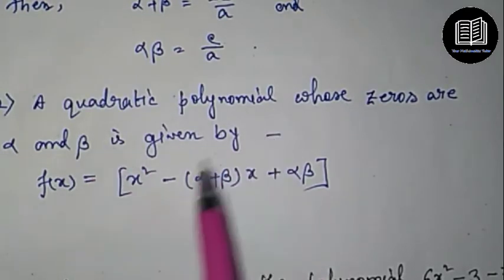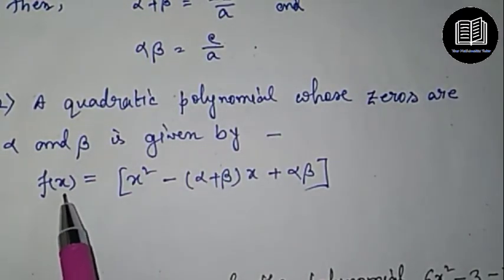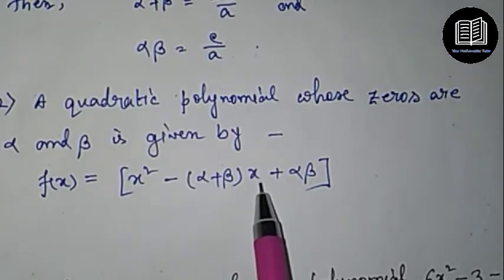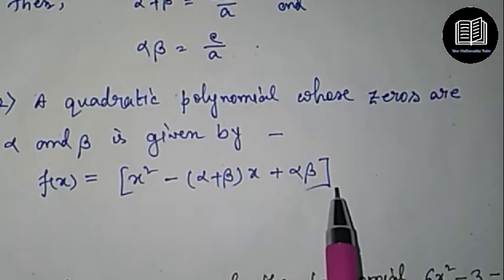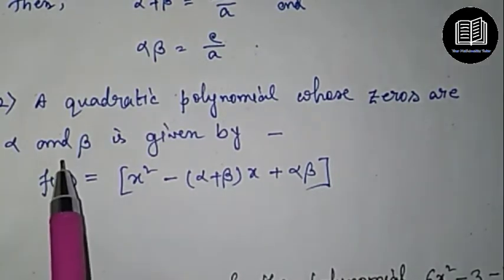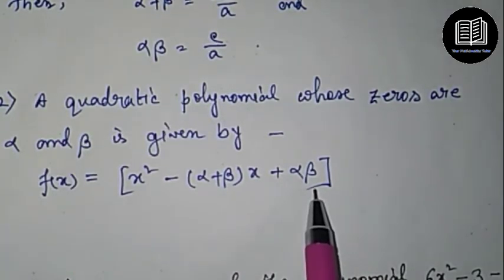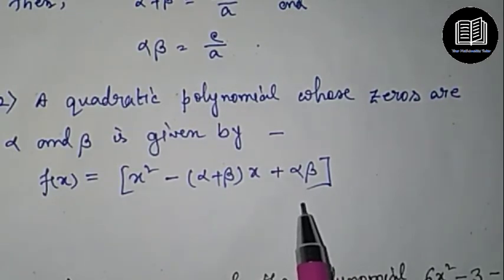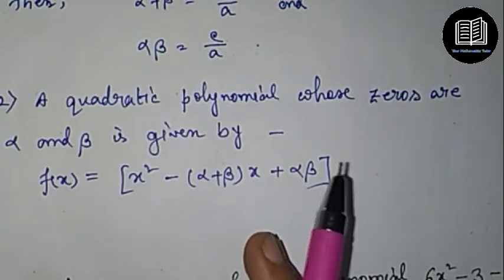Then what will be the polynomial? That will be f(x) = x² − (alpha + beta)x + alpha beta. So if we know the zeros, we can derive the polynomial also. Clear? Now we will solve some problems based on these results. Okay, so let's start.